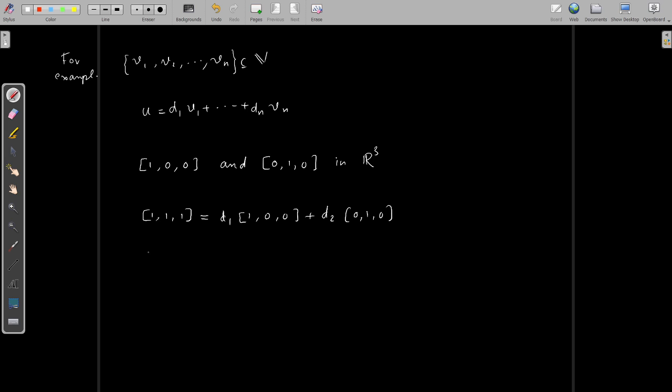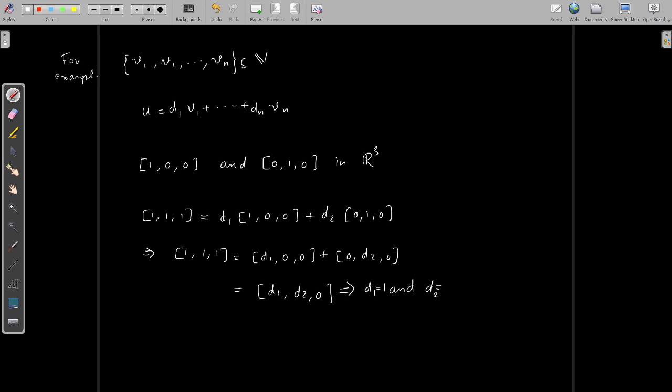So assume that this is a linear combination of these two vectors. Then we can write 1 1 1 is equal to, by multiplying with d1, the vector d1 0 0, plus, multiplying d2, the vector 0 d2 0. So this is equal to, by adding component-wise, d1 d2 0. This implies that d1 is equal to 1 and d2 is equal to 1.